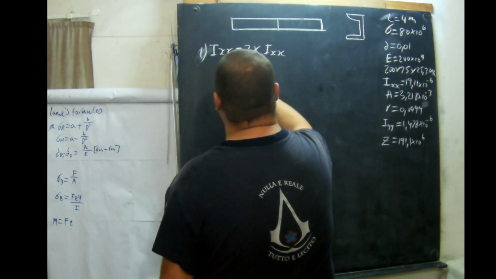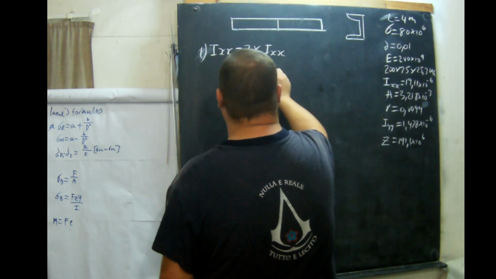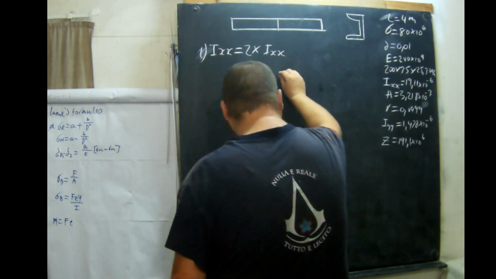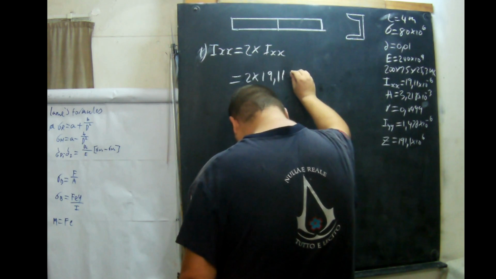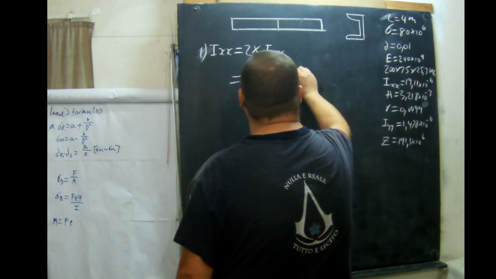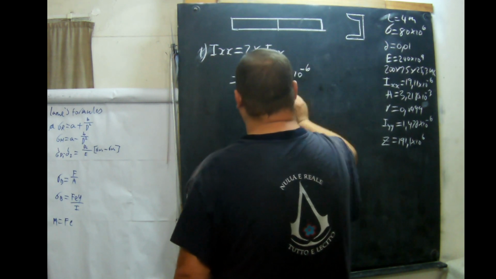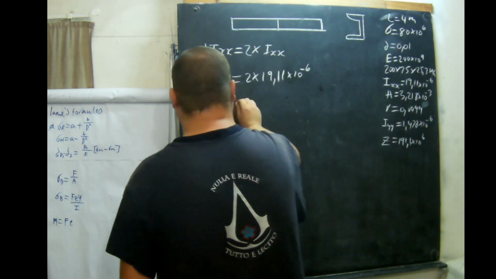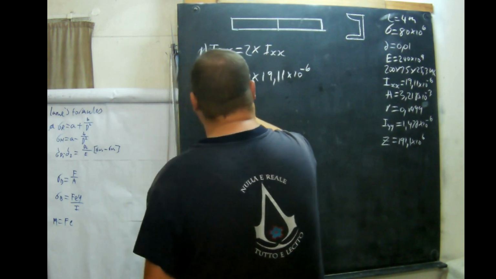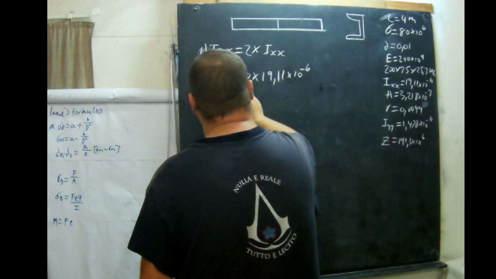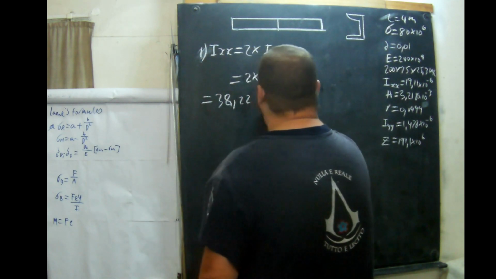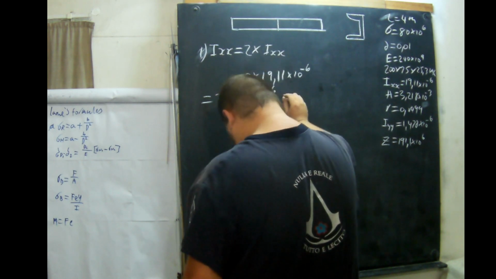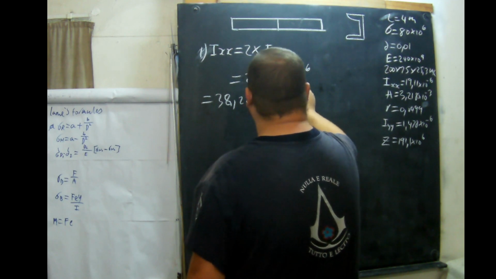So this is 2 times 19,11 times 10 to the minus 6 equals 38,22 times 10 to the minus 6 meters to the fourth.